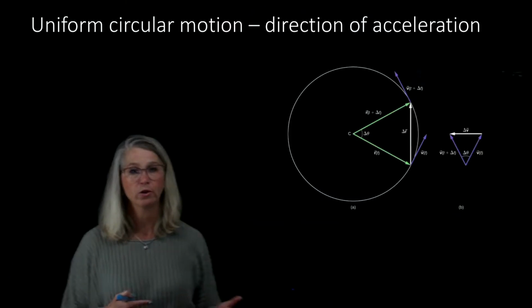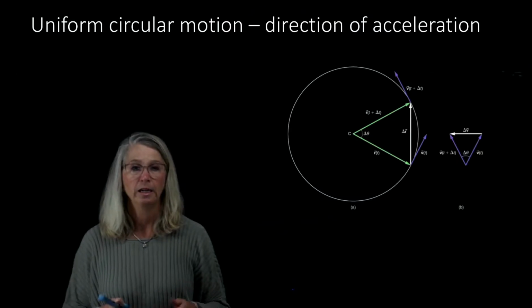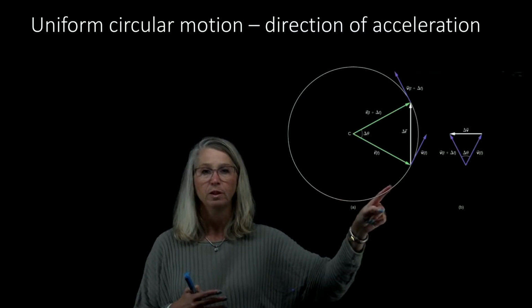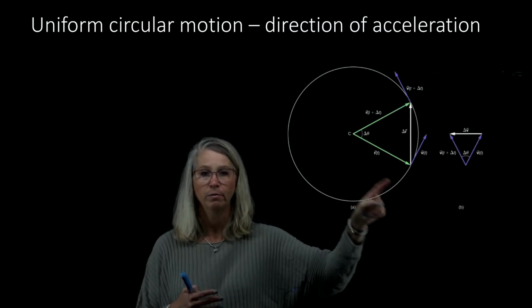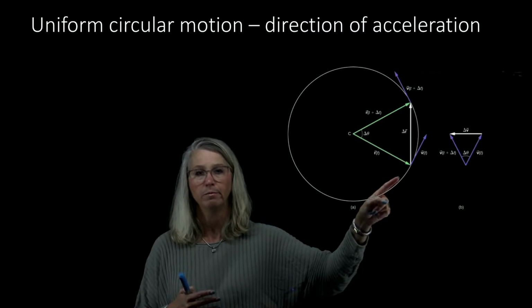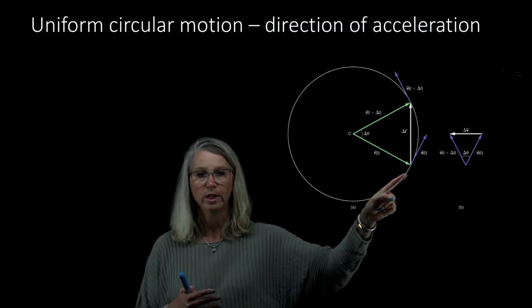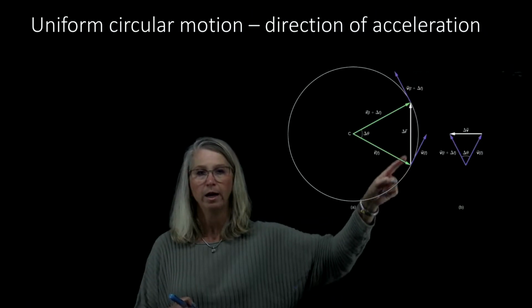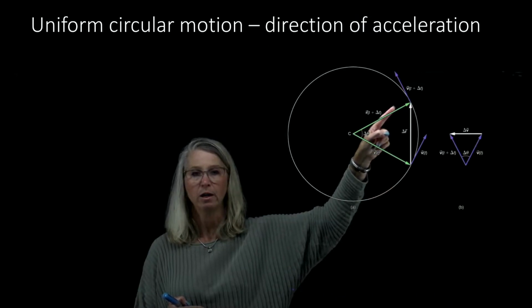Here we have a picture of a circle, and you're seeing the position at some time t, so it's here on the circle. Then if we let an amount of time delta t go by, the position is up here.